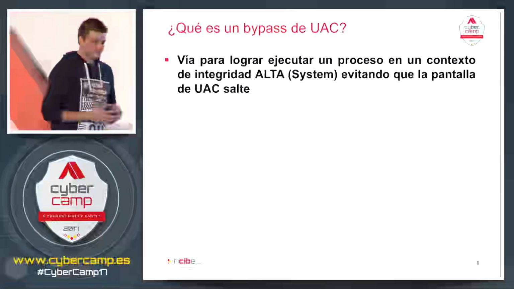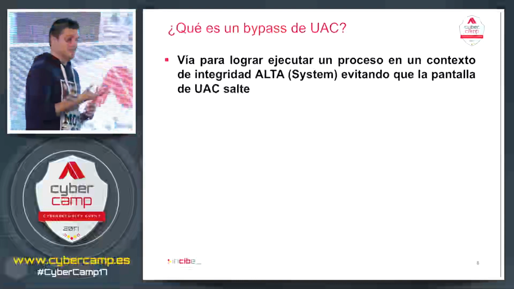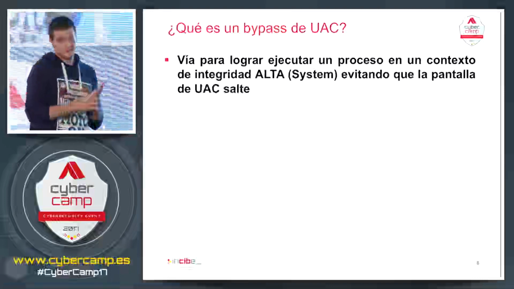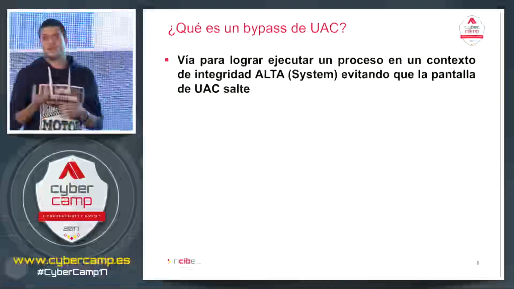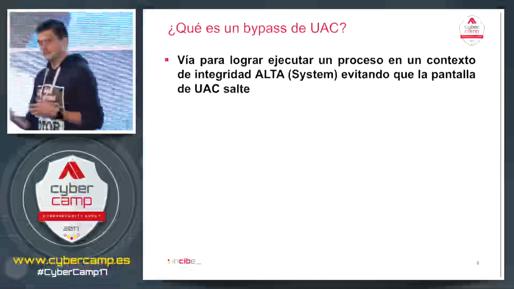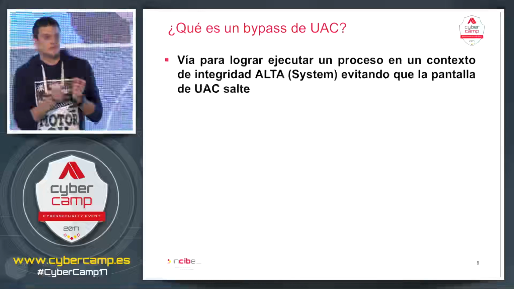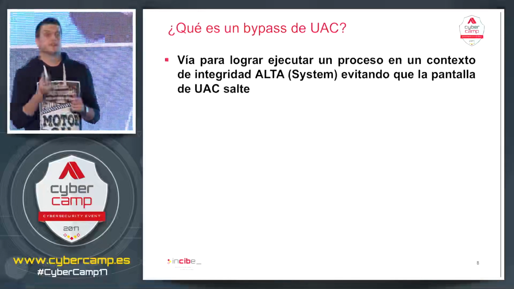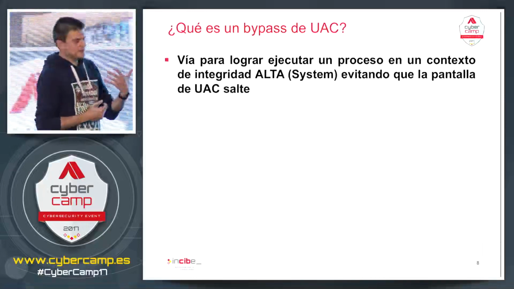So what's a UAC bypass? It's a way to make sure that these signed binaries that won't make the UAC jump will run what I want to run. By interacting with them, I have them run the code I'm interested in.